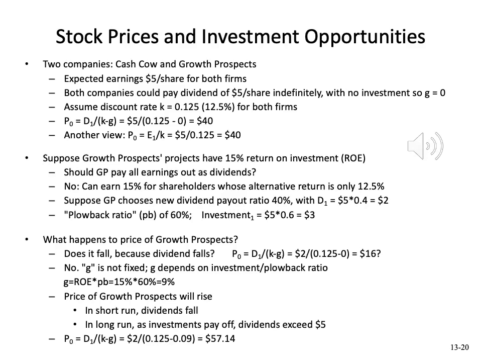So $5 earnings or $5 dividend divided by K, which is 12.5%, G is 0. So the stock price is $40. Or you can use the formula P0 equals E1 divided by K. It's the same number, $40, because here D1 is E1.